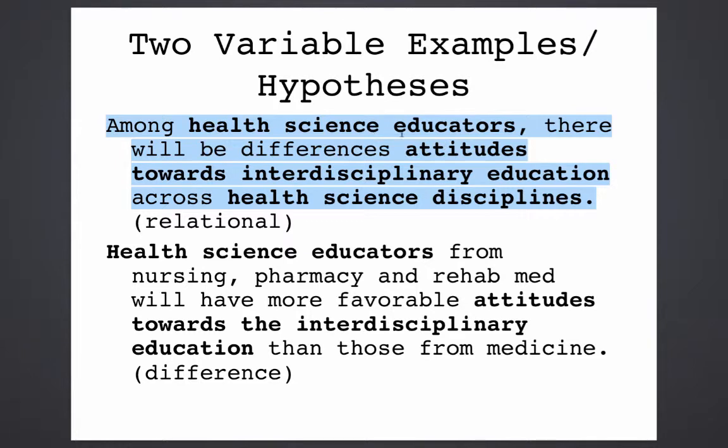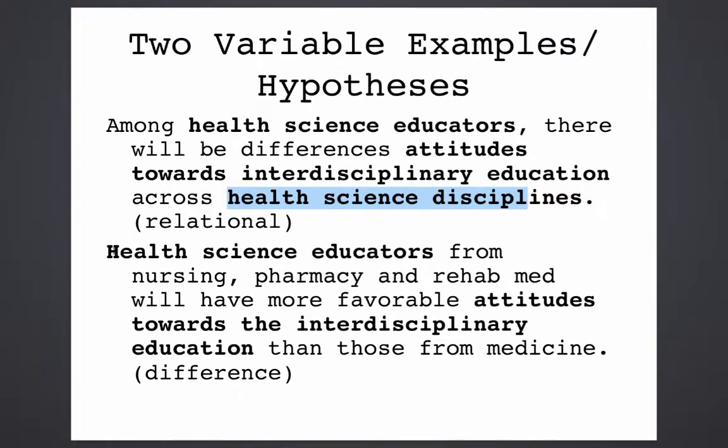So among health science educators, there will be differences in the attitudes towards interdisciplinary education across health science disciplines. So again, when it's written in the relational format, you see the names of the variables. Attitudes towards interdisciplinary education is one, and health science disciplines is the other.